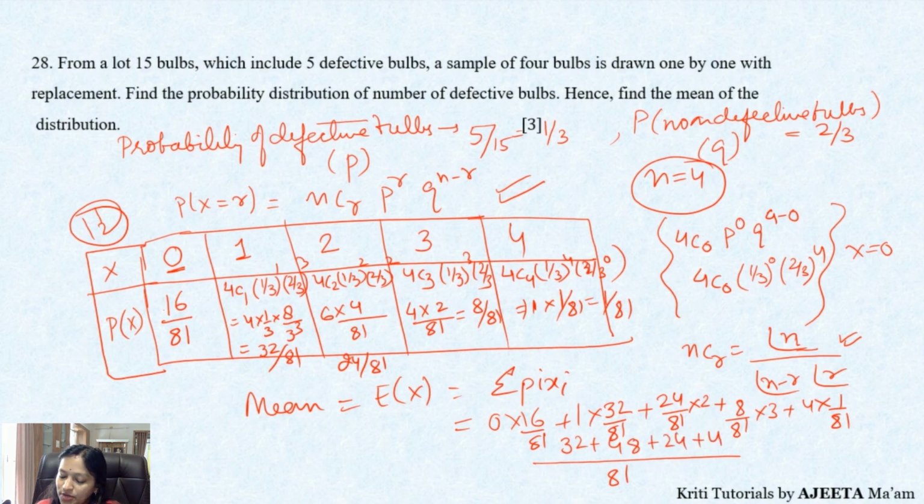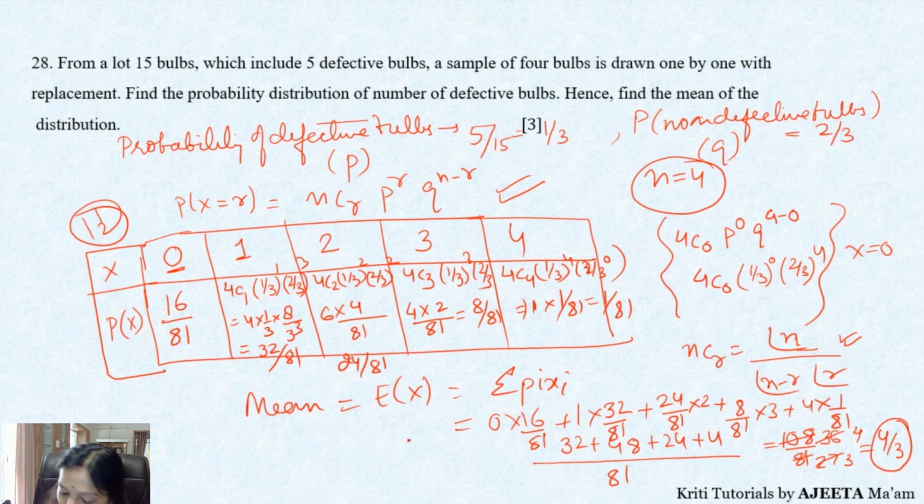So 8 plus 2 is 10, 10 plus 8 is 18, 3 is 7, right? So this is what we get. Now if I divide it by 3, here 27, here I get 36. Again if I divide it by 9, 4 by 3. So that's my answer. So my mean is 4 by 3.